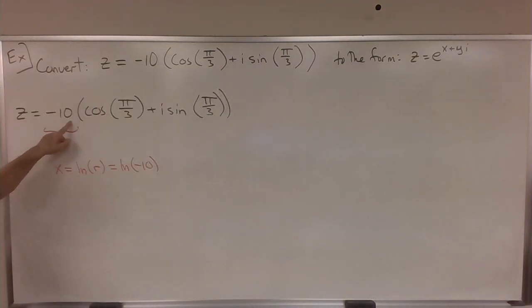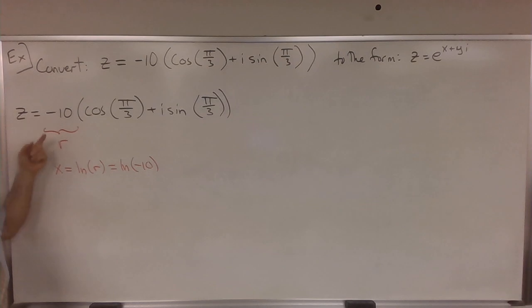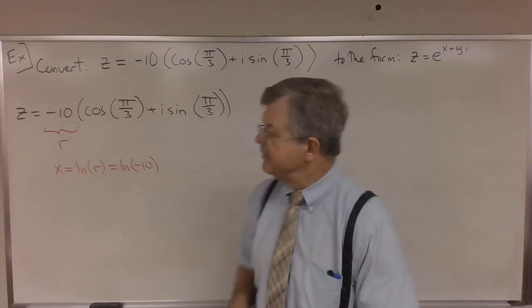If we call this our r, then we're going to wind up letting x be the natural log of negative 10, and that's not something we know how to do, at least not yet. And looking at what we started out with, we might ask ourselves, was this really in polar form to begin with? Because in polar form, isn't r supposed to be the modulus of a complex number?